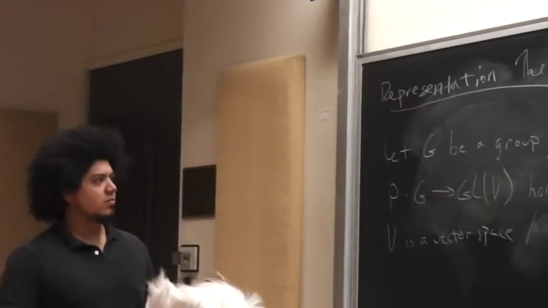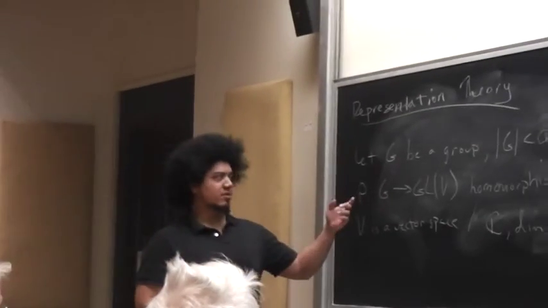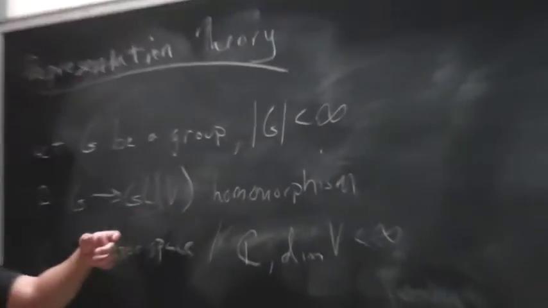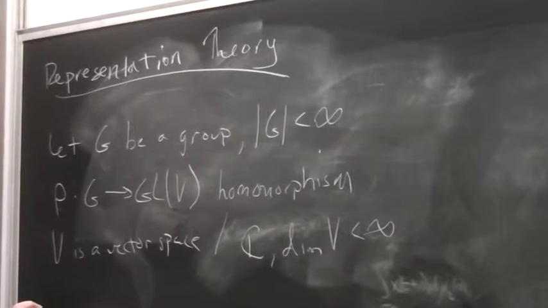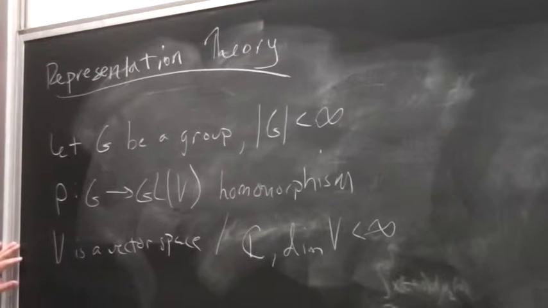So whenever I refer to representations, I may refer to rho, comma V, or simply V, when rho is understood. So this is what a representation is. And I want to define what an irreducible representation is. To do that, I have to introduce subrepresentation.